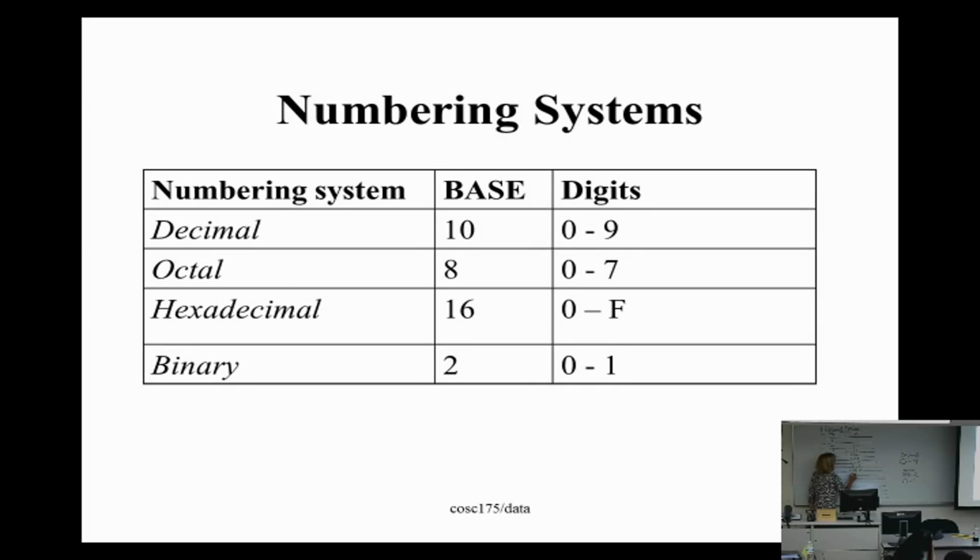1000, 1001, 1010, 1011. I'm going to move this so that it can show up in the camera. 1100, 1101, 1110, 1111, and then what's 16 going to be? 10000.